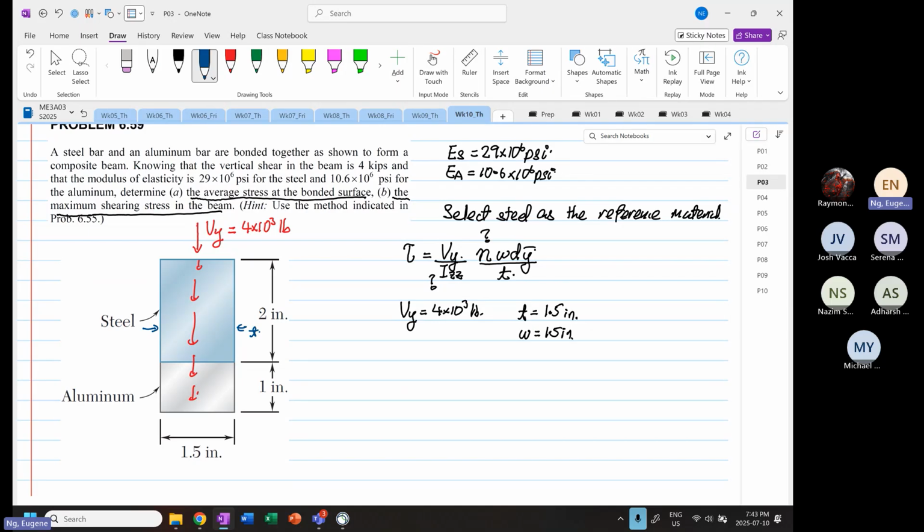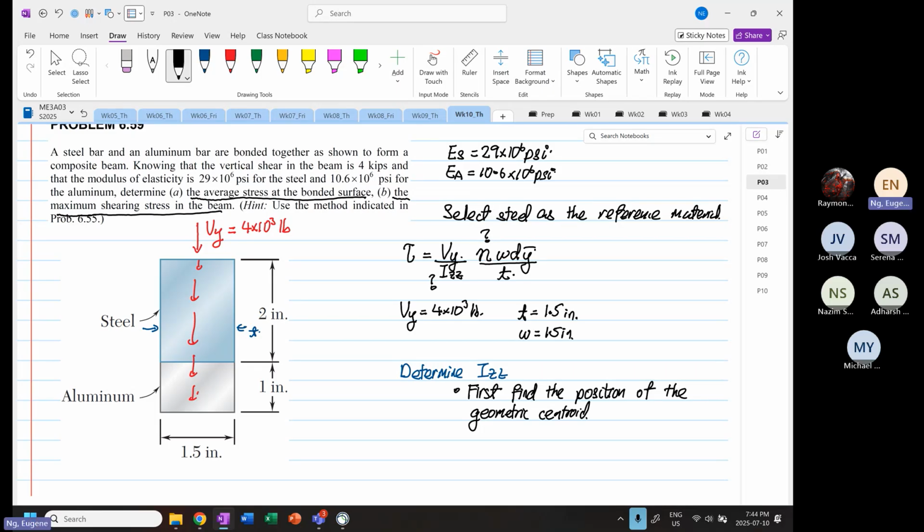Now we are going to determine Izz. And before we can determine Izz, we have to firstly find the position of the geometric centroid.